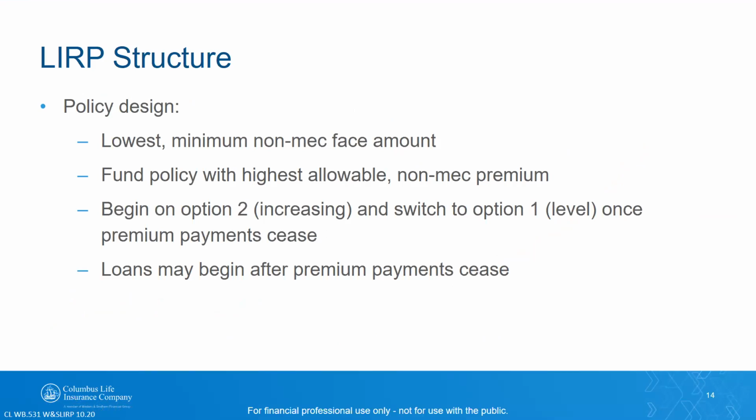We're going to fund the policy with the highest allowable non-MEC premium, which is usually your guideline premium limit if you want level premiums. We're going to start the policy with an increasing death benefit, or in our case, option 2, and then turn that off or switch it to option 1 when the premiums stop. Loans can start anytime after the premium payments cease and continue as long as the client wants to take distributions.